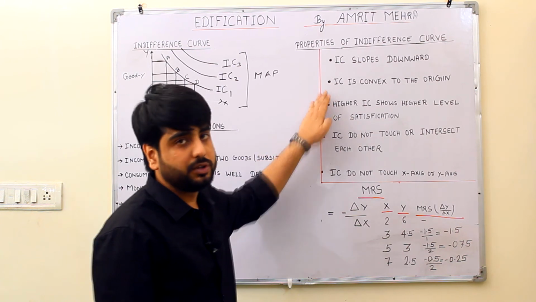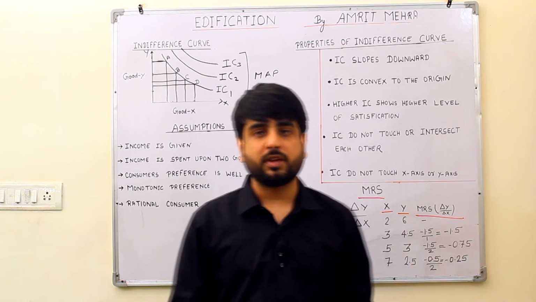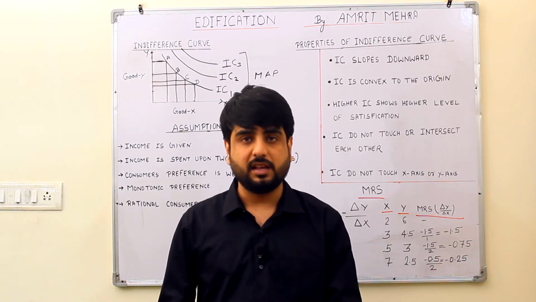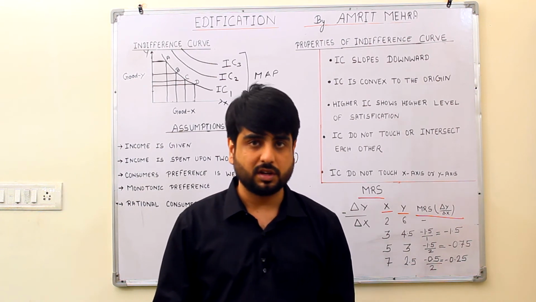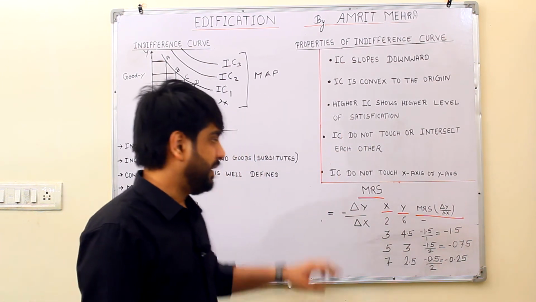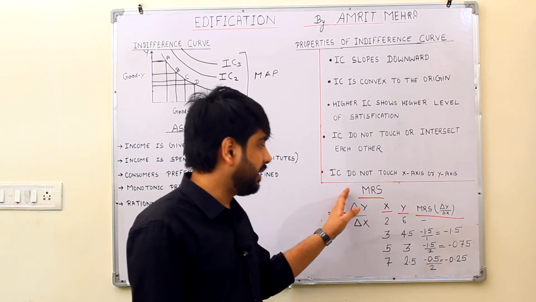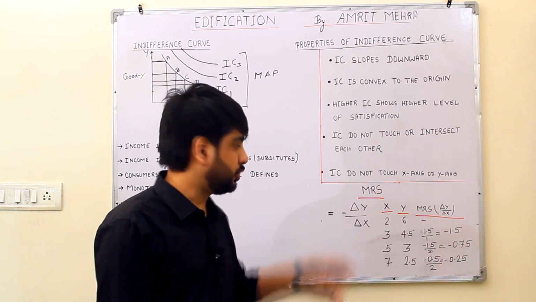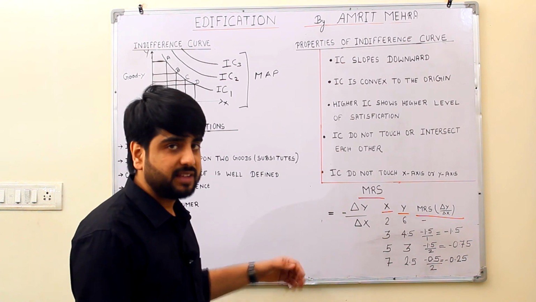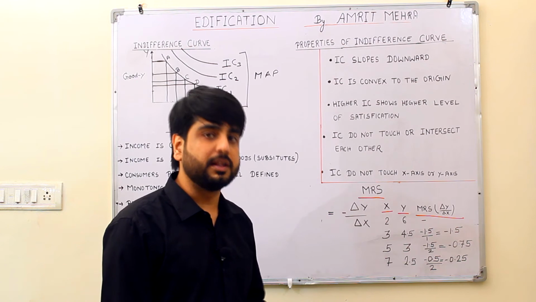IC is convex to the origin. When we were talking about PPC, it was concave to the origin because of the concept of MRT, that was marginal rate of transformation. To prove that IC is convex to the origin, we need to understand the concept of MRS, which is marginal rate of substitution, which shows how many units of one good we are sacrificing to increase the consumption of the other good.